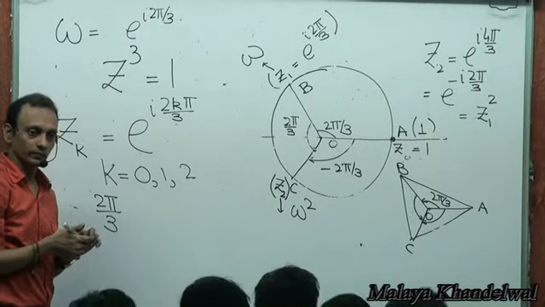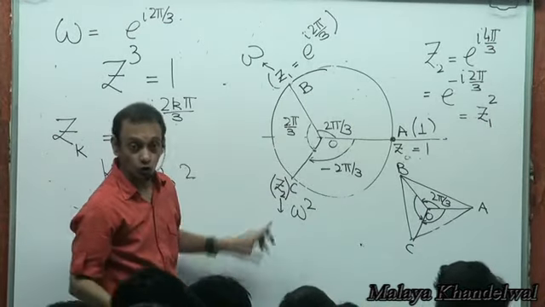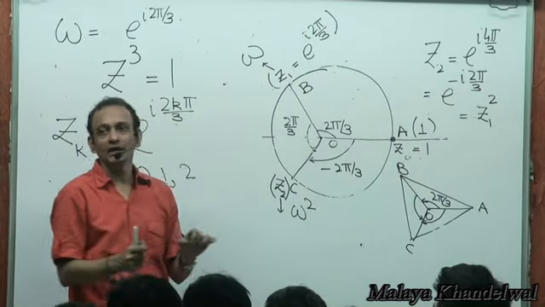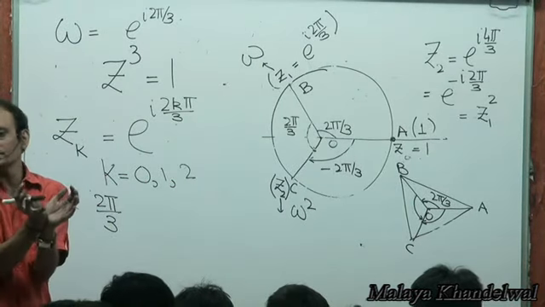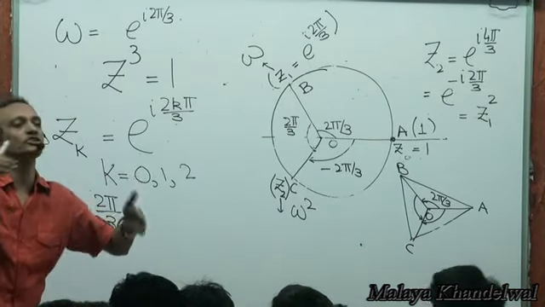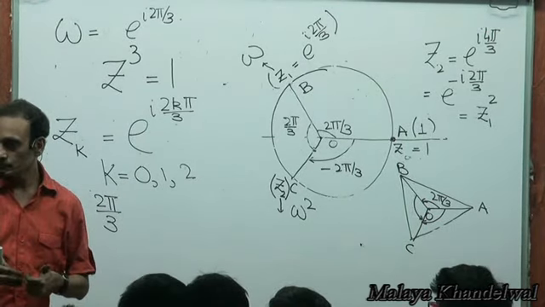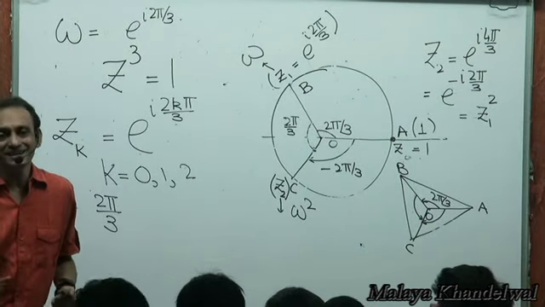So the three cube roots of unity are 1, omega and omega squared. And these lie on a unit circle centered at the origin with a mutual angular separation of 2 pi by 3, constituting the vertices of an equilateral triangle. Omega and omega squared are conjugates of each other.